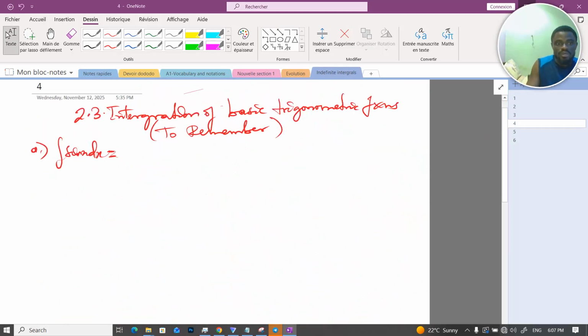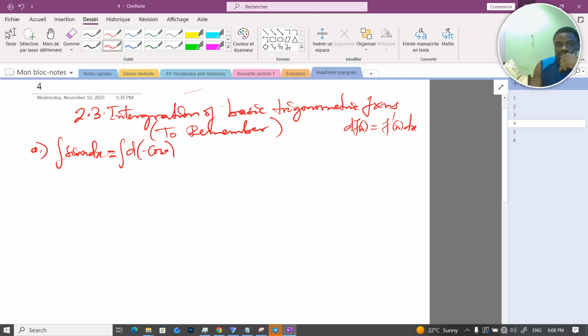I know that to have sine x, I have to differentiate minus cos x. So I will write the formula: d of f of x is simply equal to f prime of x dx. So I'll replace this sine x dx by d of minus cos x.